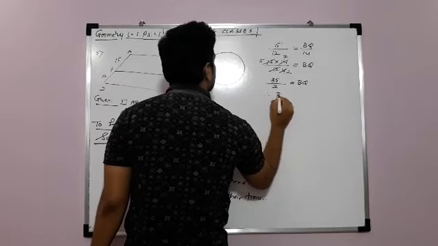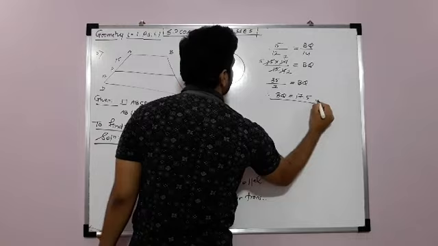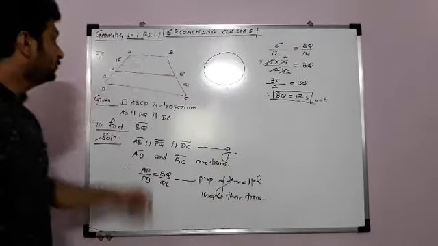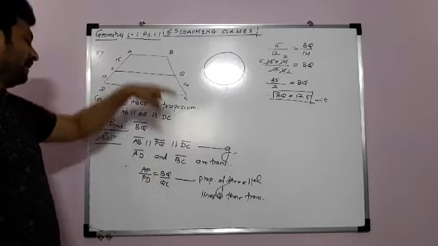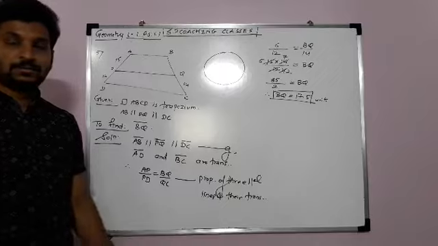So therefore, what is BQ, guys? BQ is 17.5 units. Hope you all got it. So what we have used here is the property of three parallel lines and their transversals. It is a very easy sum. I hope you got it.